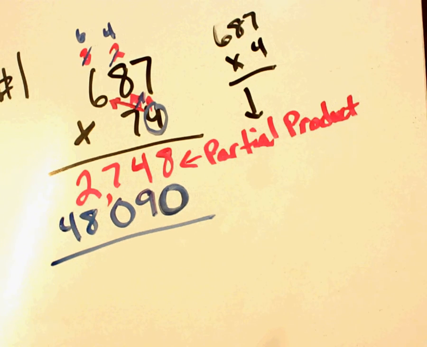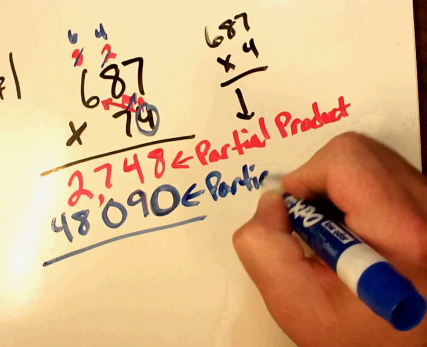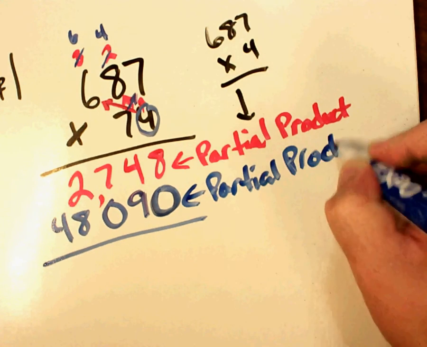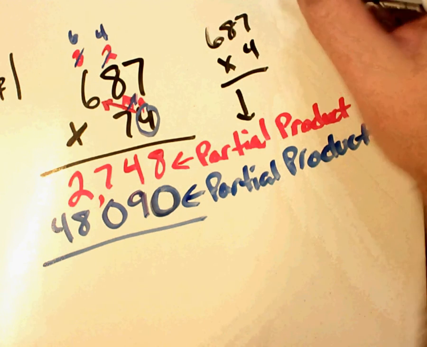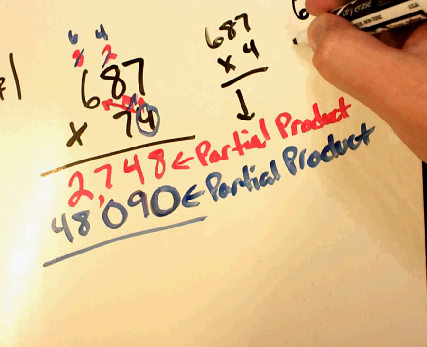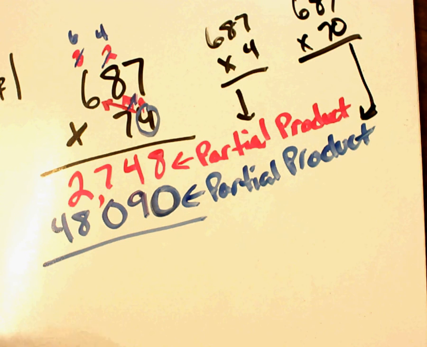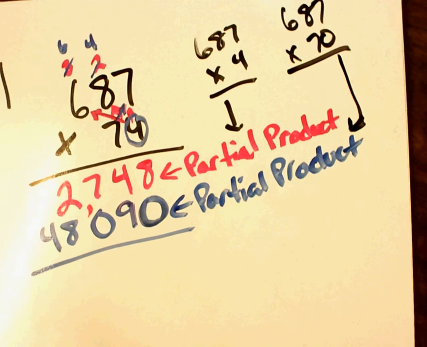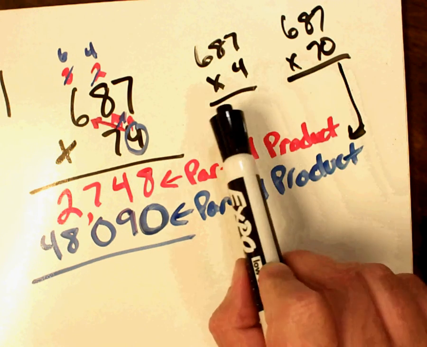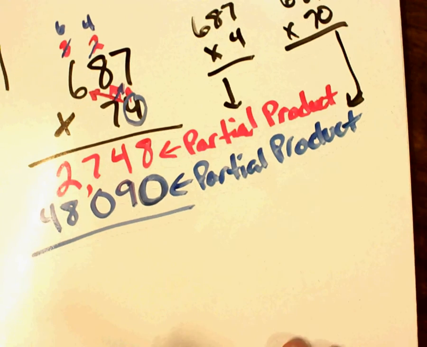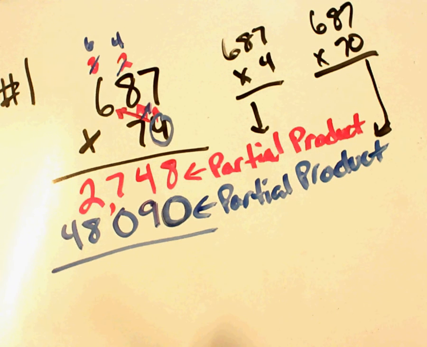So, once again, looking at our second partial product, if I were to multiply 687 times 70, this is what I would get. And so it just shows you, if we expanded the 74 to 70 and 4, what those two partial products would be. I'm going to see if I can do this without taking anything off the screen.